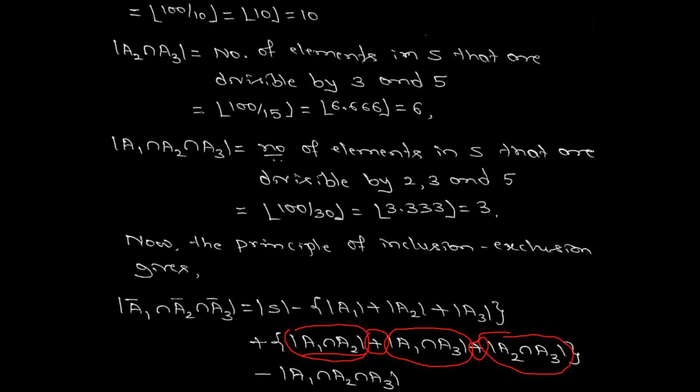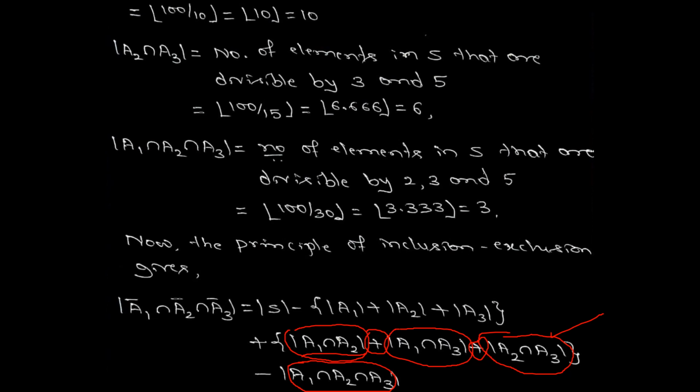So these are the only possibilities by taking two sets at a time. If you consider three sets at a time, we get only one possibility because we have only three sets.